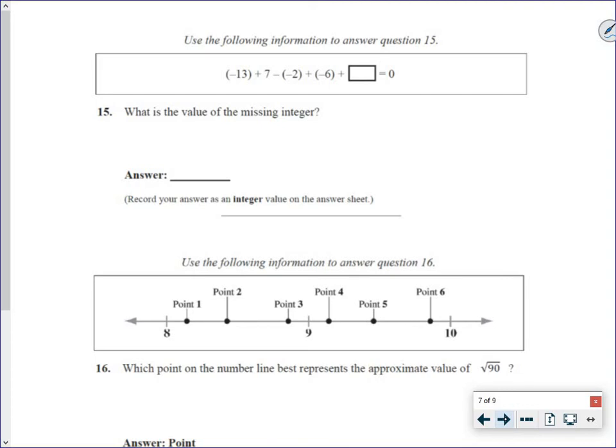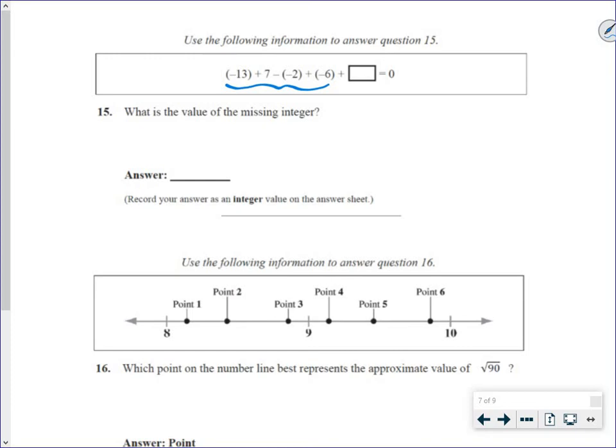So we've got some integer operations here. Negative 13 plus 7, subtract negative 2 plus negative 6. So we need to figure out what needs to go in that square. We can clean these up a little bit. So you can maybe use integer tiles if you want, whatever you like.